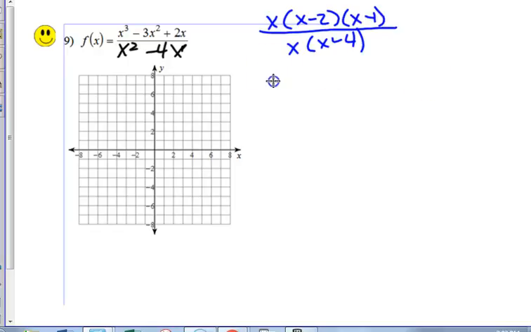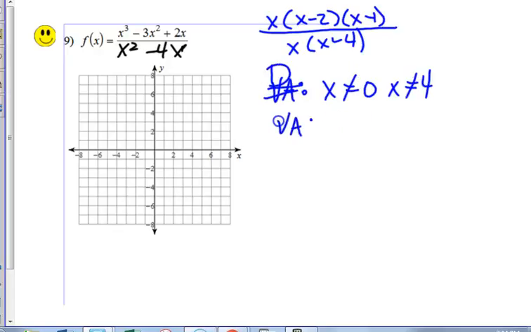There is a vertical asymptote at x equals 0 and x equals 4. There's a hole at x equals 0. Okay. I was just writing down if she's checking. Yes, we could change this to domain and say cannot equal 0 or 4.